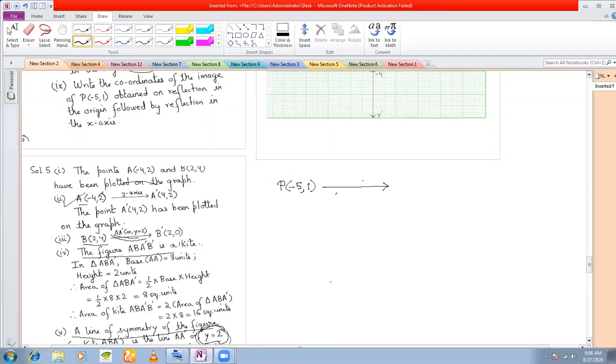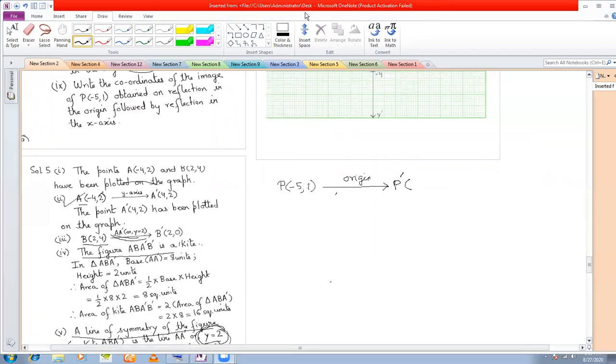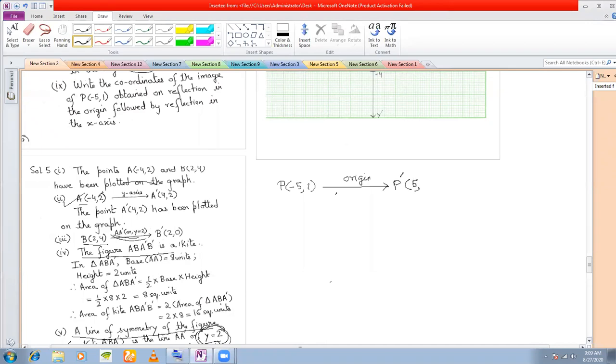When reflected in the origin, this transforms to a point P dashed such that the signs of the x component and the y component change. So minus 5 becomes plus 5 and plus 1 becomes minus 1.